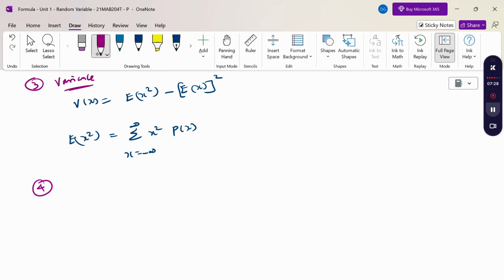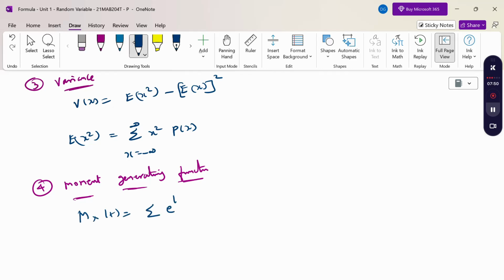And then the moment generating function, short form MGF: M of X of t equals E of e power tX, which is summation e power tx into probability of x, x ranging from minus infinity to plus infinity.